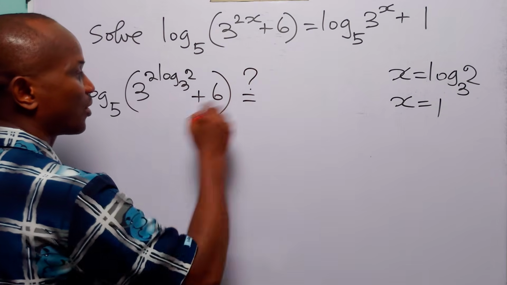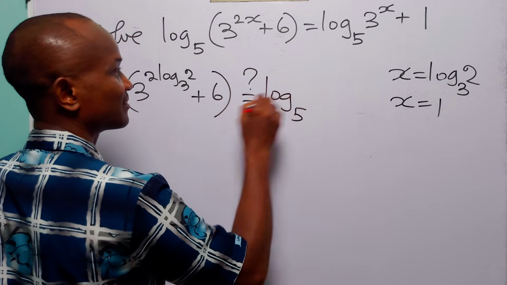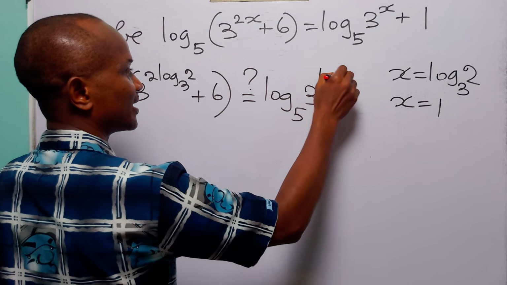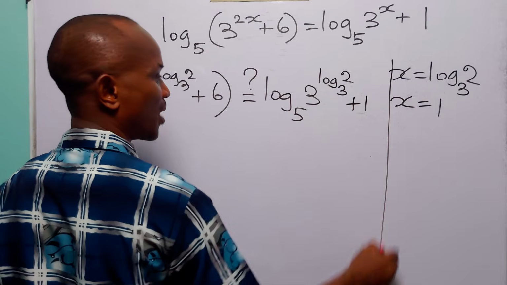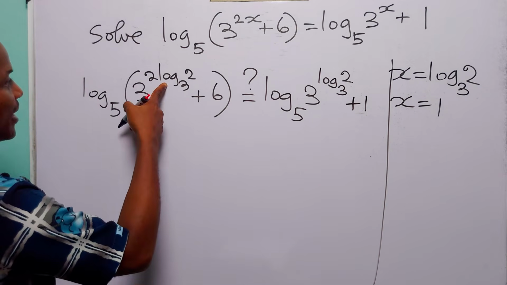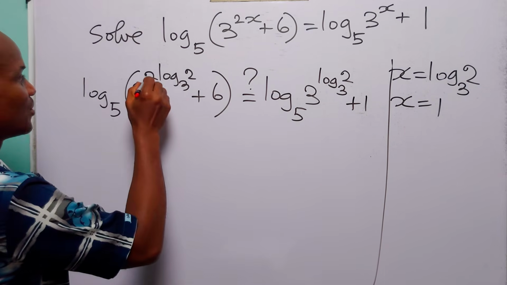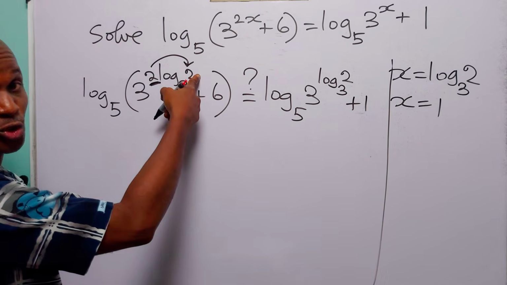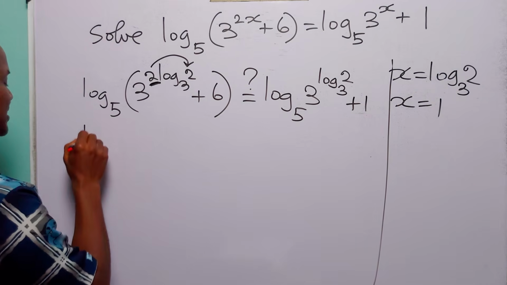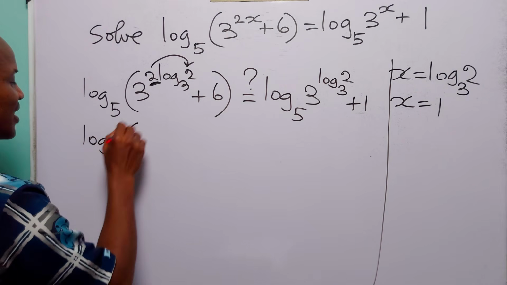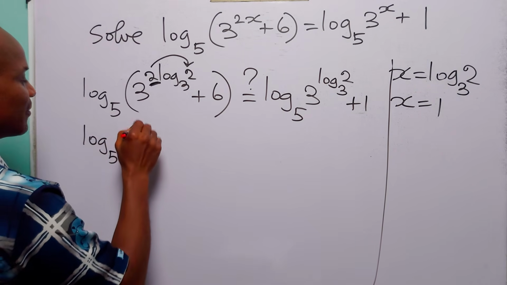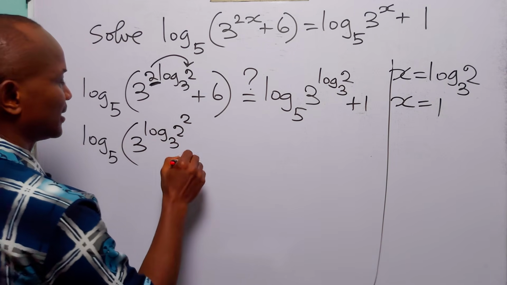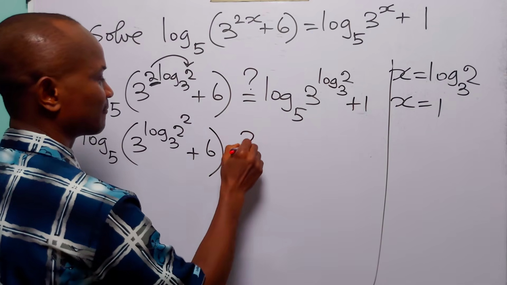Now, is this equal to log to base 5 of 3 to the power log to base 3 of 2 plus 1? Now here, let us apply the power rule. We are going to take up the multiplier 2 to become the exponent of 2. When we do that, on the left-hand side, we have log to base 5 of 3 to the power log to base 3 of 2 squared, then plus 6.